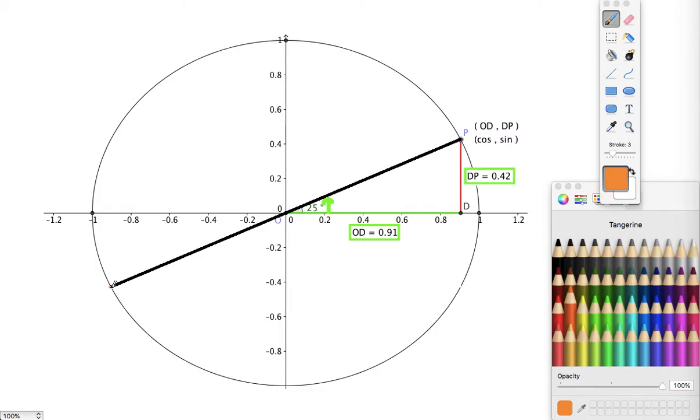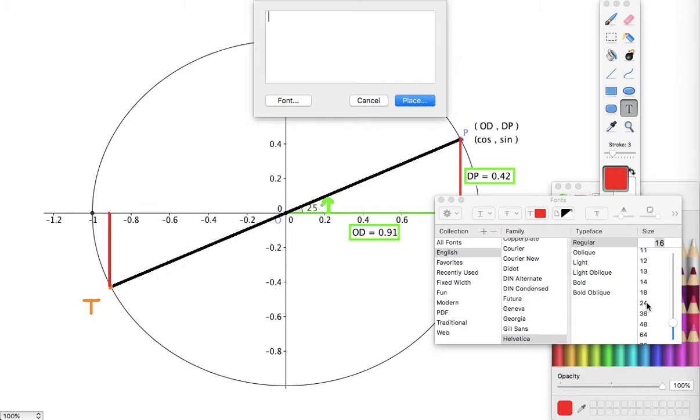This other point over here, which I'm going to call T, the height of T, or the y coordinate of T, has that exact same number as over here, but just negative. So here it was positive 0.42. Over here it is negative 0.42.